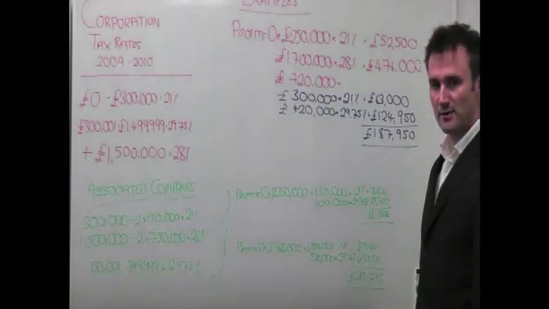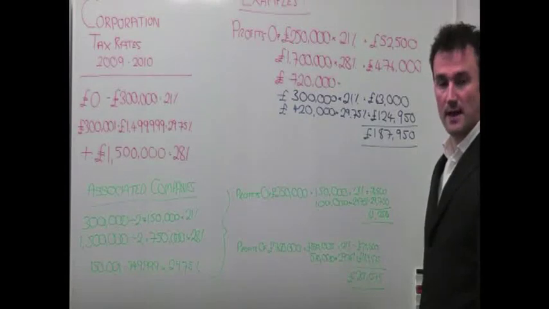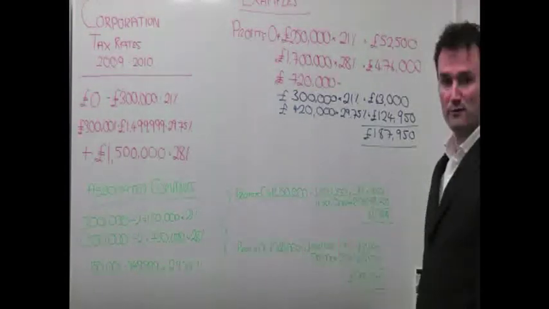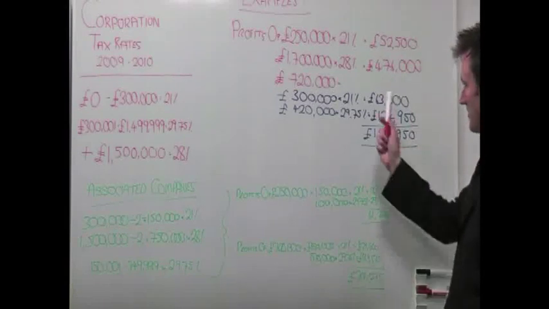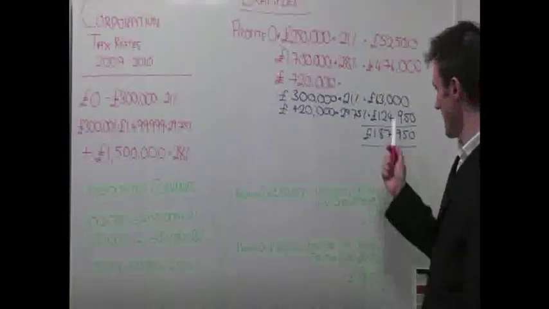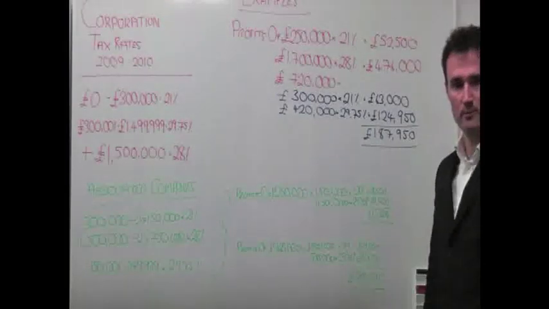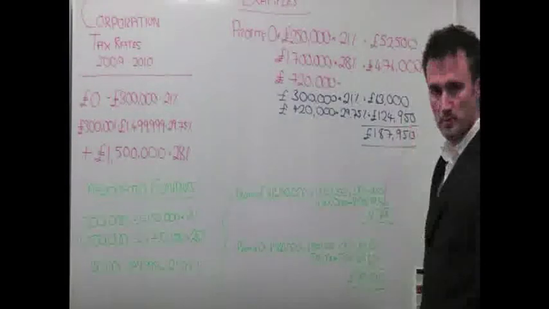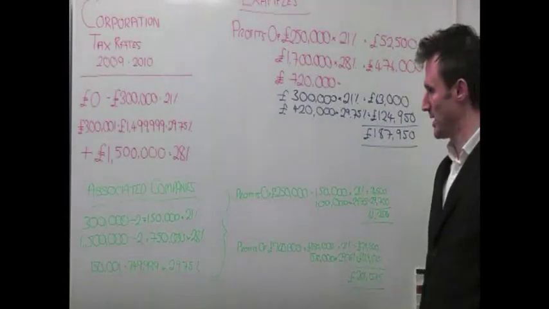It is the balance after that that will be calculated at 29.75%. In this example, the balance would be £420,000. So £63,000 would be the amount at 21%, and £124,950 would be the balance at 29.75%. Those two would be totalled up, and you would have your total tax bill for that year.